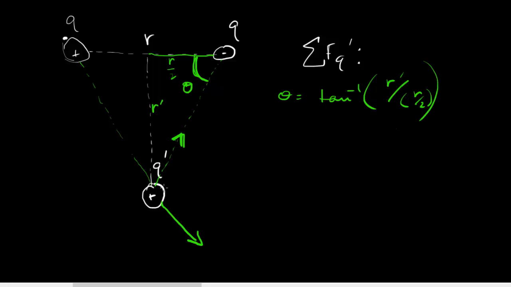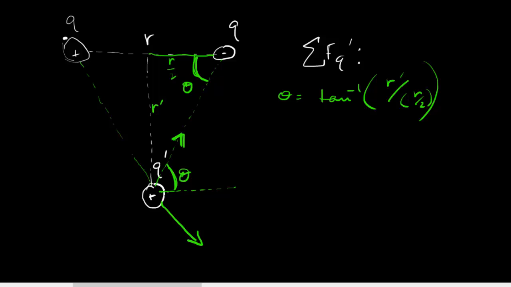And this angle is going to be the same as this angle, because this line and this line are parallel, and these are alternate interior angles. So now we have the angle and the direction of the forces.